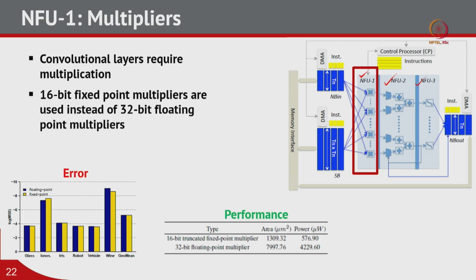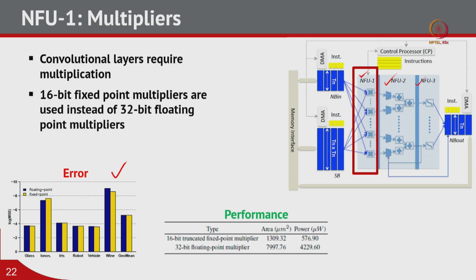Of course, when we say 16-bit fixed point multiplication instead of 32-bit floating point multiplication, we can assume that we are losing some precision, but in terms of DNN you can see that the error is almost the same. If you see this particular figure, the error is almost the same between floating point and fixed point multiplier. But there is a good benefit in terms of hardware.